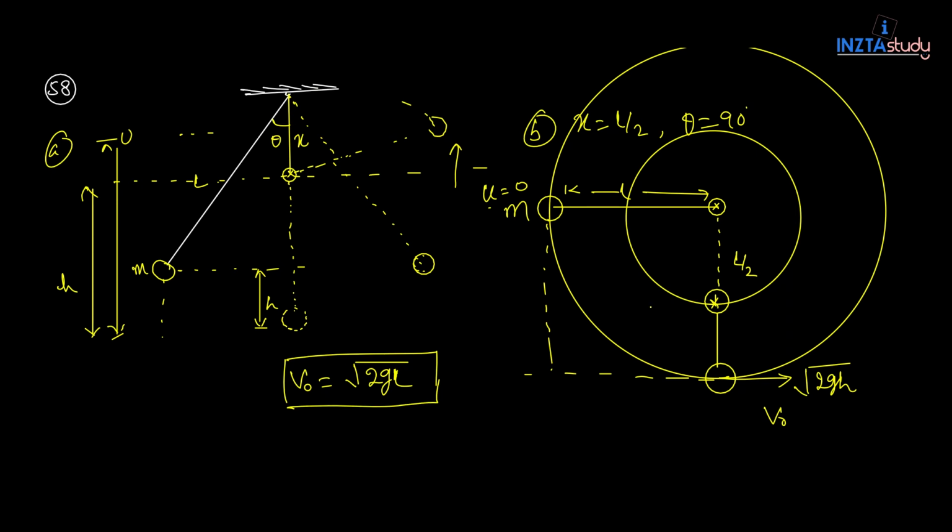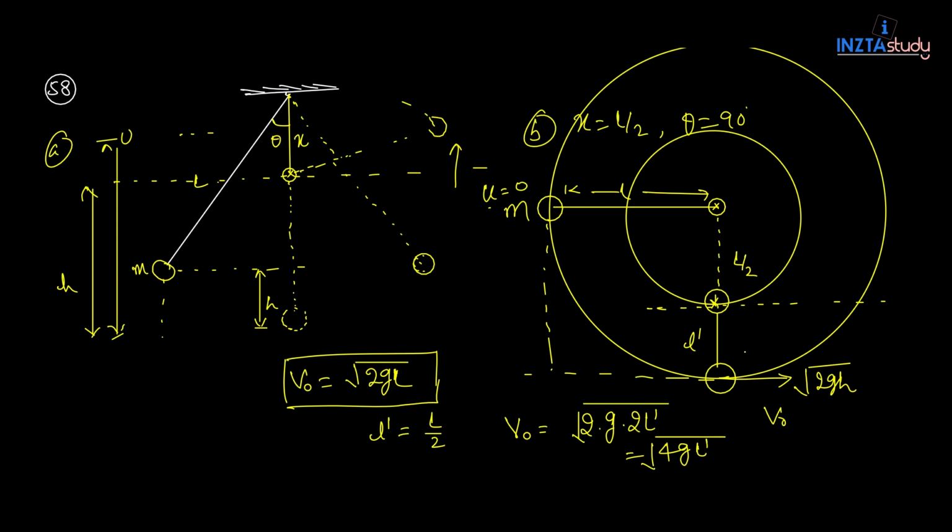Now let the new length of the string be L dash, and that L dash is equal to L by 2. So the velocity in terms of L dash: 2gL is equal to 2 times L dash, so it is equal to 4g L dash. So it has a velocity of root under 4g L dash.